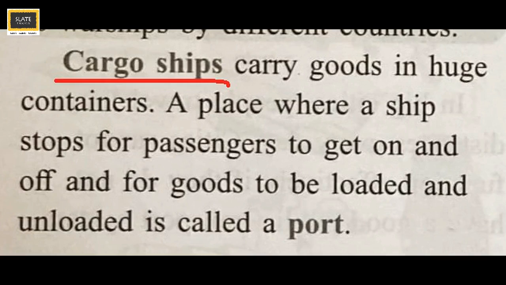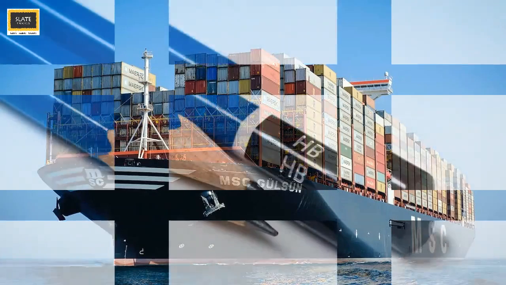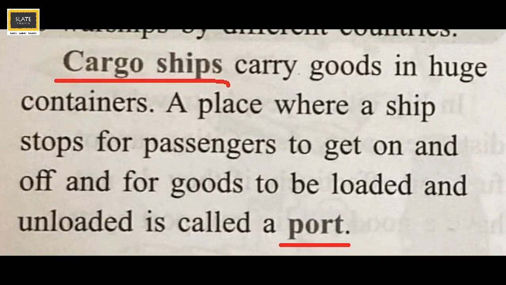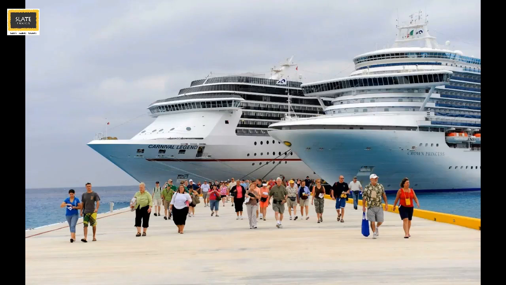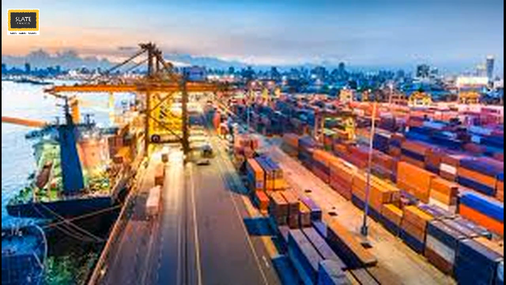S-H-I-P-S, ships. Cargo ships. Cargo ships are merchant ships which carry goods and materials. Slaters, underline the word port. P-O-R-T. This is the place where people get on or off from the ship or goods are loaded or unloaded.